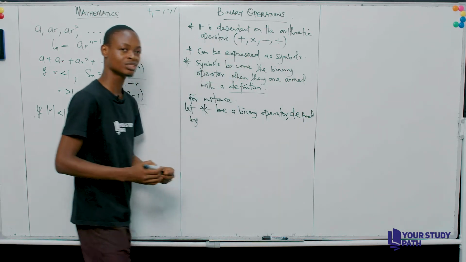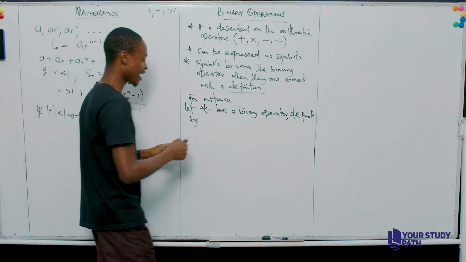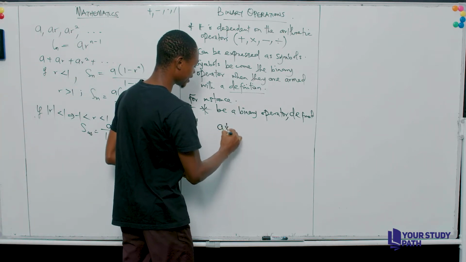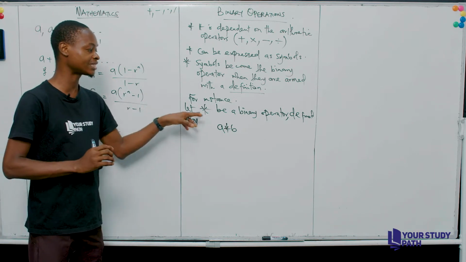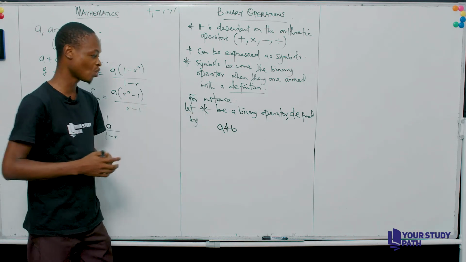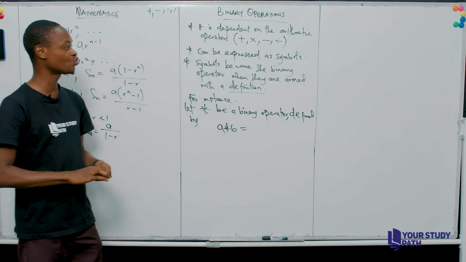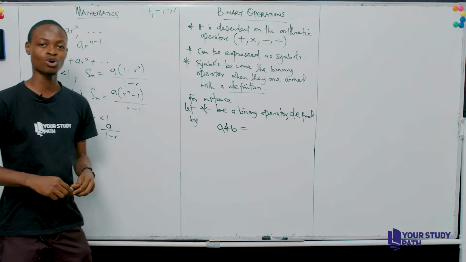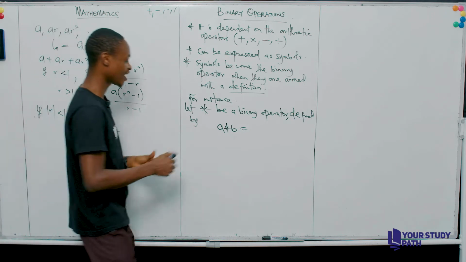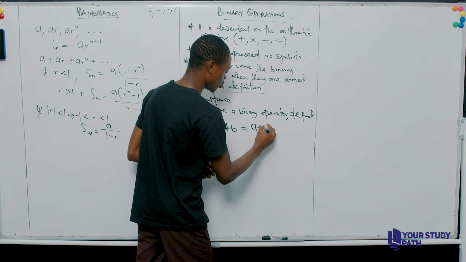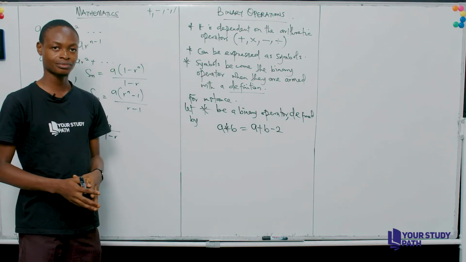by, now this is where the beauty comes in. Defined by, let's take A asterisk B, which means when we operate A and B under that asterisk binary operator, what do we expect to get? What we expect to get is where the dependence of the arithmetic operator comes in. So we can say that A asterisk B can be defined as A plus B minus 2, for instance.